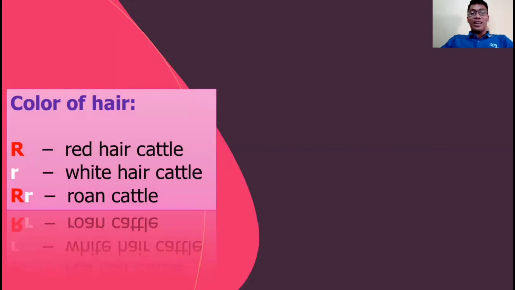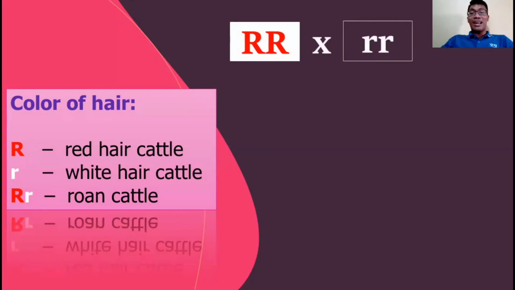Capital R for the red hair cattle, small r for the white hair cattle, and a capital R and a small r for roan cattle. It means that it contains red and white hair. Since in the problem, we have a red hair cattle, which is represented by this, and a white hair cattle, which is represented by 2 small letter r.